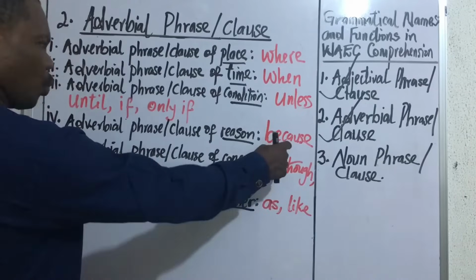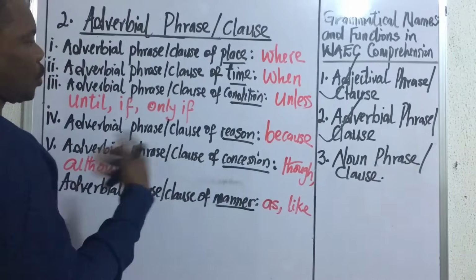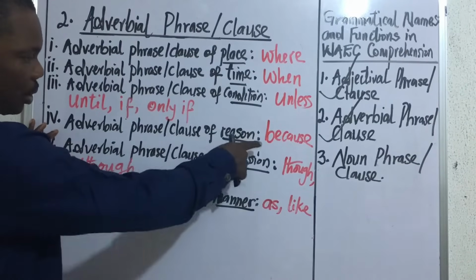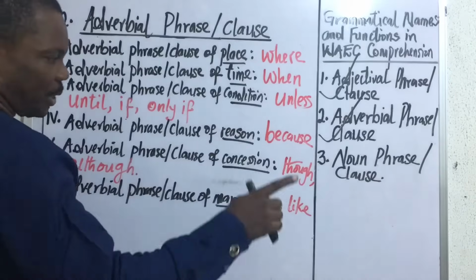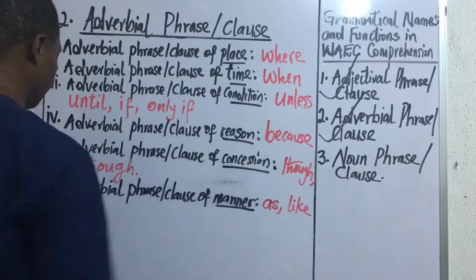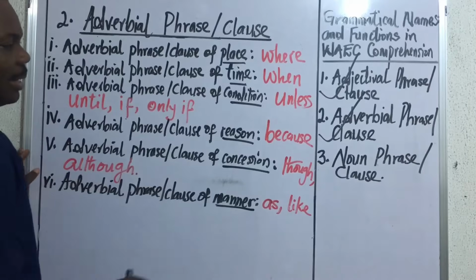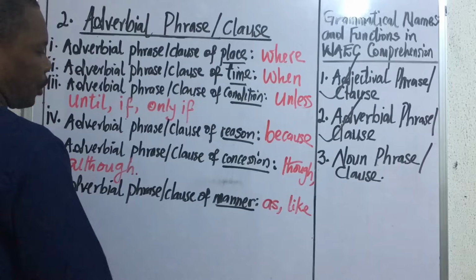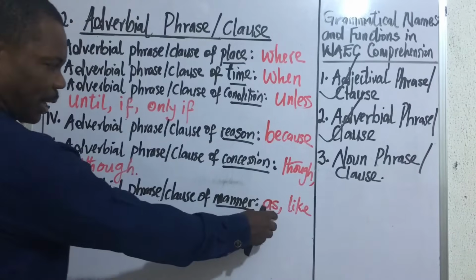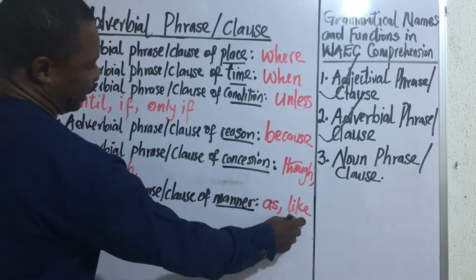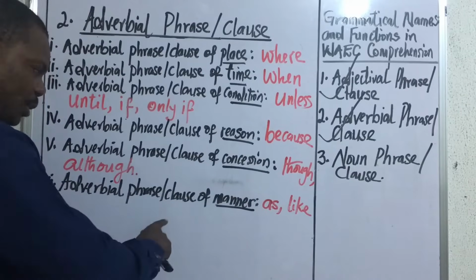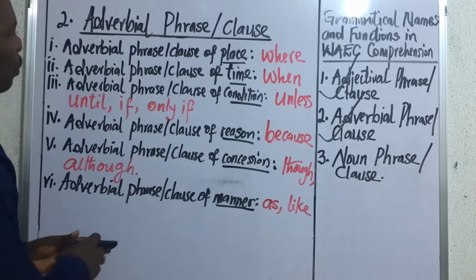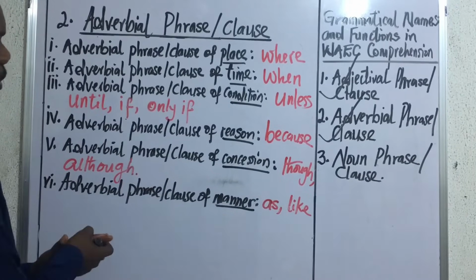If the expression begins with because or so that, then it is an adverbial phrase or clause of what? Reason. If the expression begins with though or although, then it is an adverbial phrase or clause of what? Concession. Okay? And then finally, if the expression begins with as or like, then it is an adverbial phrase or clause of what? Manner.